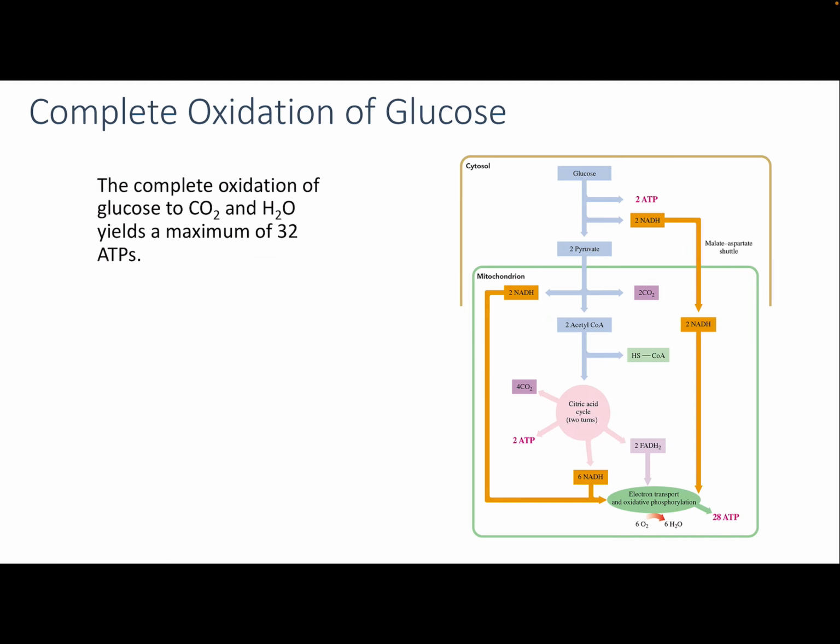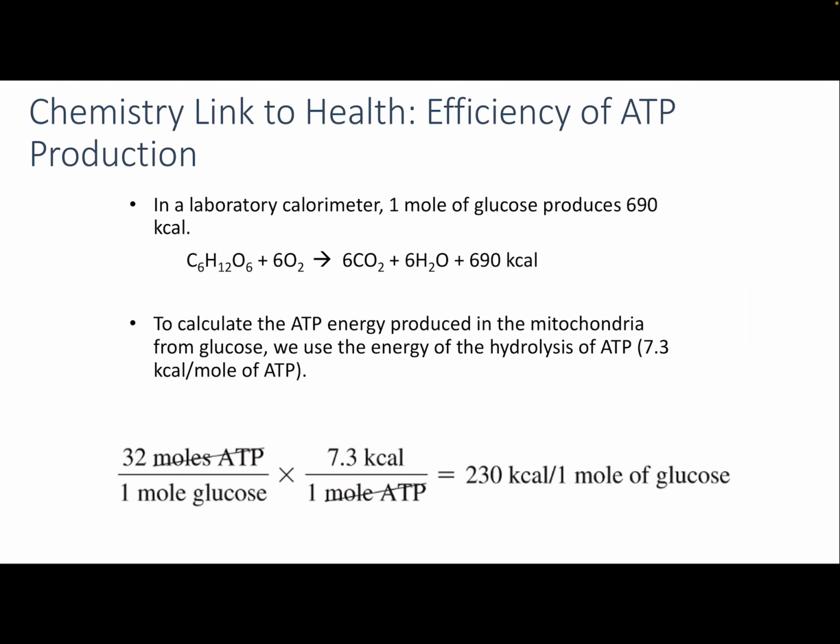So here we go. The complete oxidation of glucose to carbon dioxide and water gives us a maximum of 32 ATPs. Now, we don't actually get all of the efficiency of energy from our food that you might think about in terms of ATP, but once I tell you where the rest of the energy goes, it'll make sense.